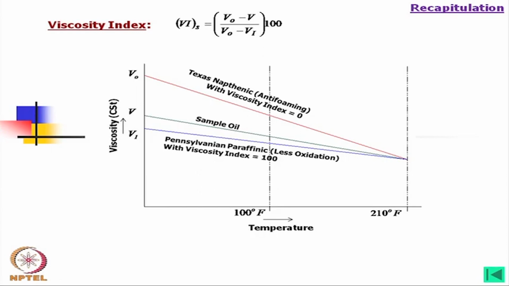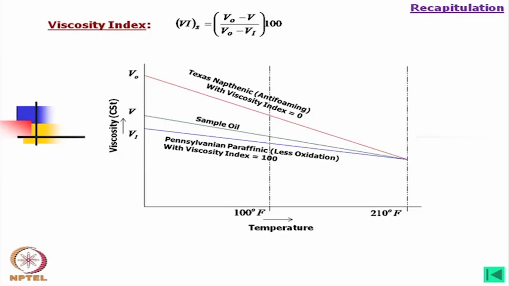However, one important thing is the viscosity index. While selecting any fluid, we should know not only what the viscosity is, but also the viscosity index. On that depends the temperature range. You may find the viscosity of an oil is very good, but it has a poor viscosity index.